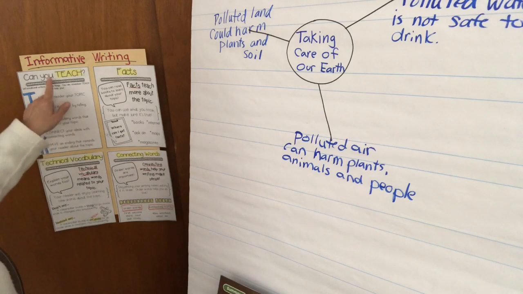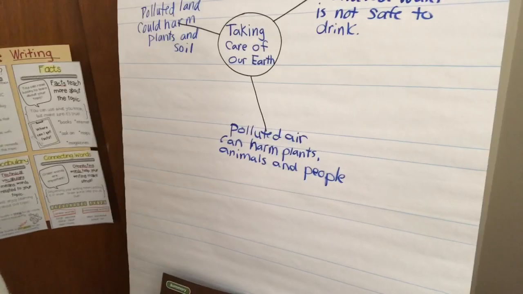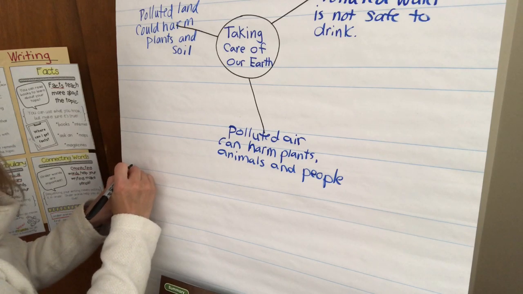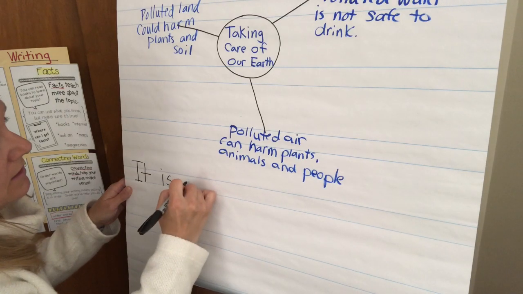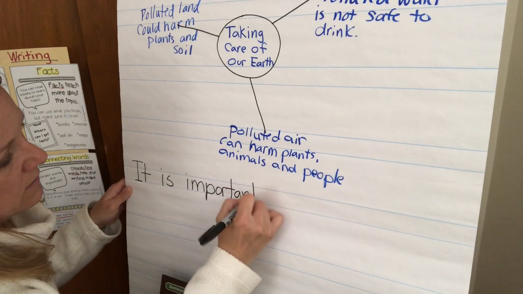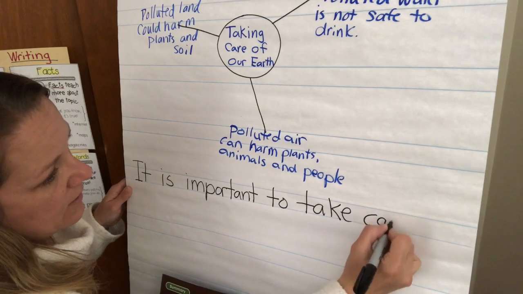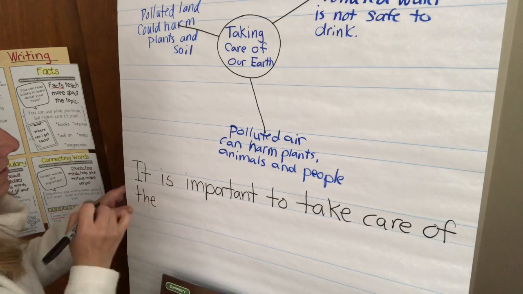So the first thing I need in my informative writing is to tell the reader about my topic. So my topic is taking care of the earth. It might be good to just say it's important to take care of the earth. It is important to take care of the earth.